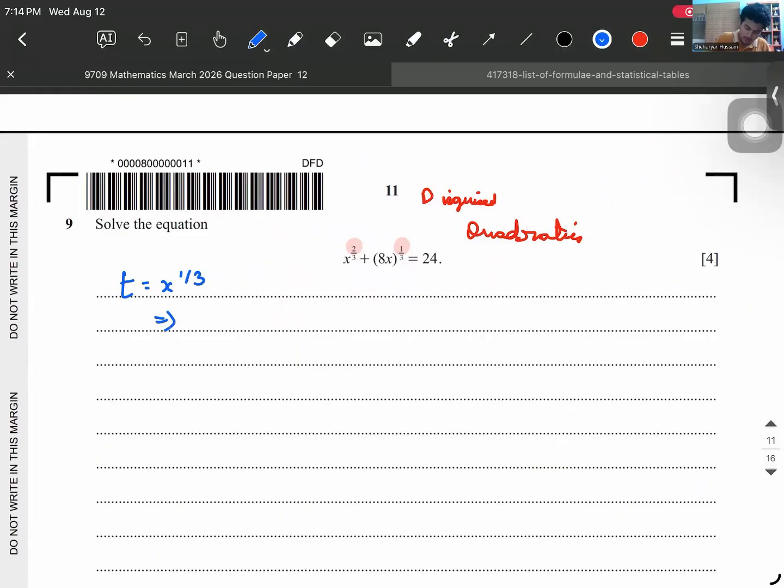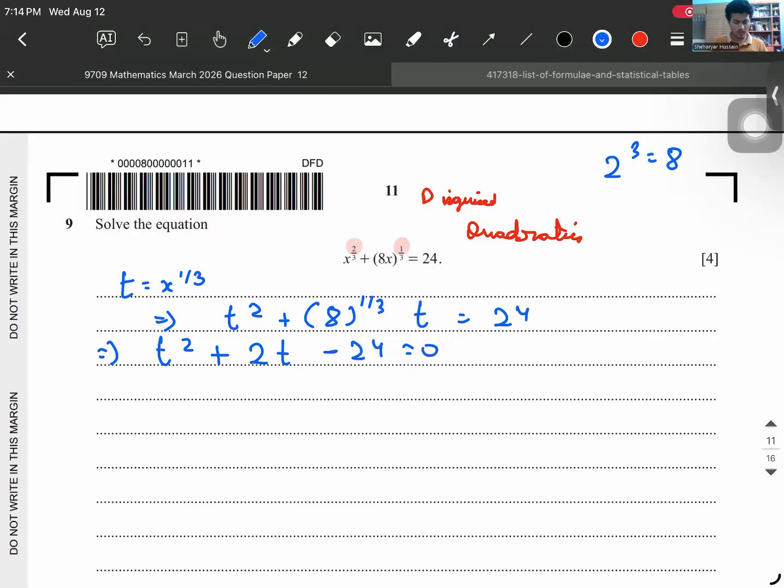So your equation will then become t squared plus 8 into 1/3 into t equals 24. So solving this, this becomes t squared plus, I guess this would be a 2, right? What happens here is that we know that 2 to the power of cube is just 8. So this cancels out. Minus 24 equals 0.